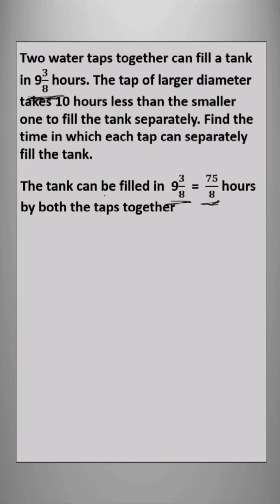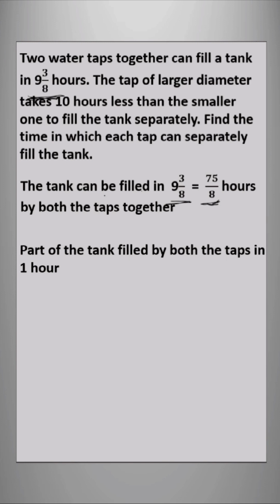Then in 1 hour, how much part of the tank can be filled? 75 by 8 means one tank. In 1 hour means how much part? 8 by 75, because 1 divided by 75 by 8 is equal to 8 by 75. This part of the tank can be filled in 1 hour.